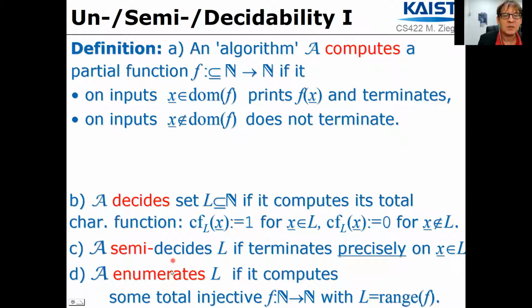Remember that based on this semi-decision procedure, you cannot ever be sure that kraut is not an English word. And in the final case of enumerating, that would be an algorithm that just prints out the entire Oxford dictionary, only output, output, output. And then it is up to you to look up whether in this output the word flabbergast appears. But there's a caveat, namely the order of the output is arbitrary.